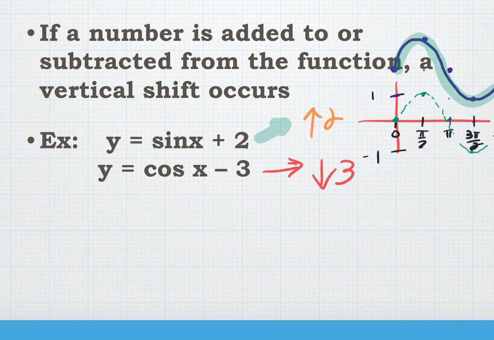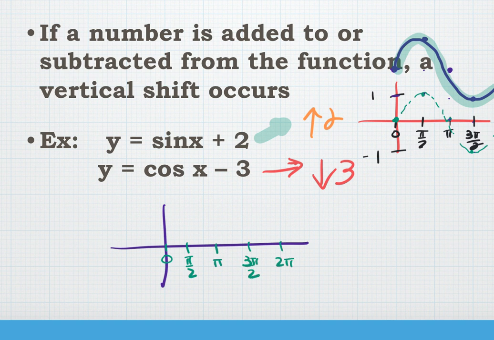And if I were graphing cosine, my same key points, 0, pi over 2, pi, 3 pi over 2, 2 pi. My amplitude would have been 1. Cosine would have started at 1, gone to 0, negative 1, 0, back up to 1. And my initial curve would have looked like that.